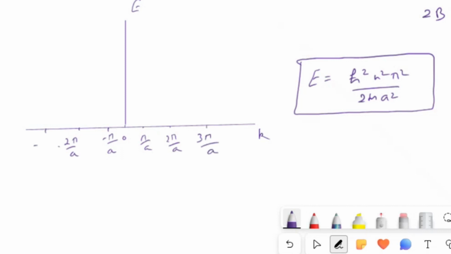Similarly, it will be minus 3 pi by a. With this, at these values, these will be the energy values. I will just put 0. This corresponds to energy 0.